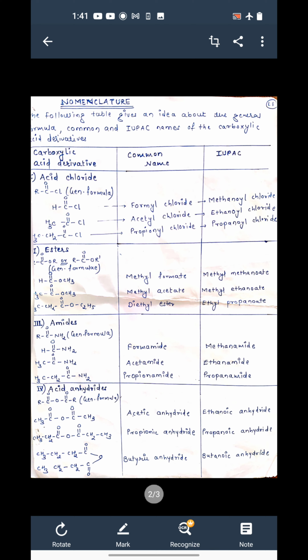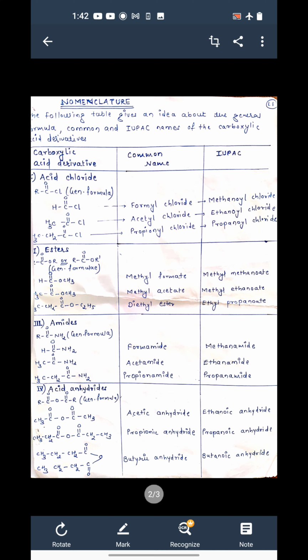So while writing the common name, we change formic acid to formyl: we delete "ic acid" and add "yl", so it becomes formyl, and we write the name of the halogen, chloride. So the first compound is formyl chloride. The second compound is obtained from acetic acid, so we write acetyl chloride. The third is obtained from propionic acid, so we call it propionyl chloride. This is about the common names of acid chlorides.